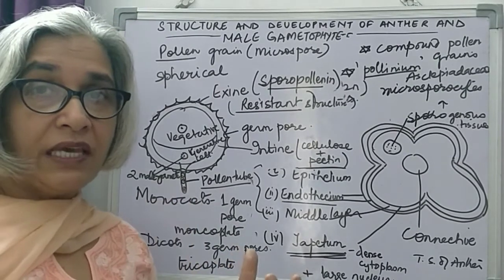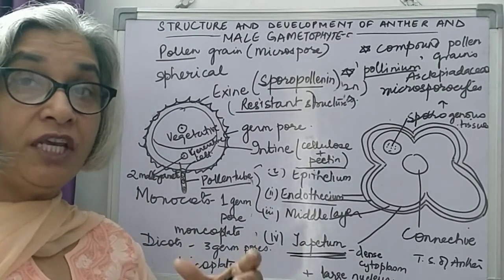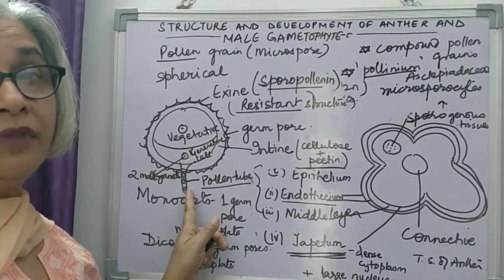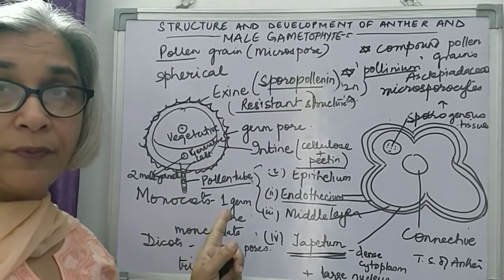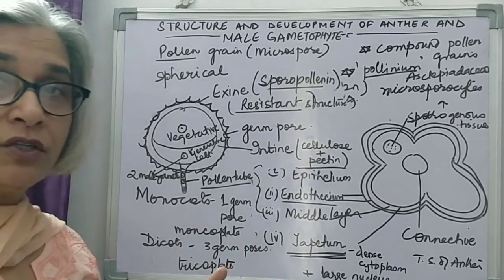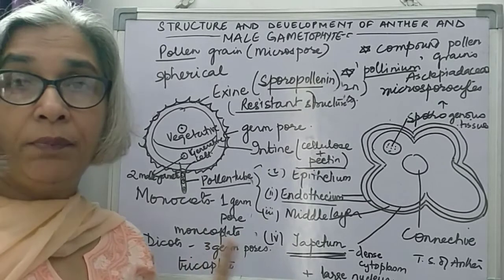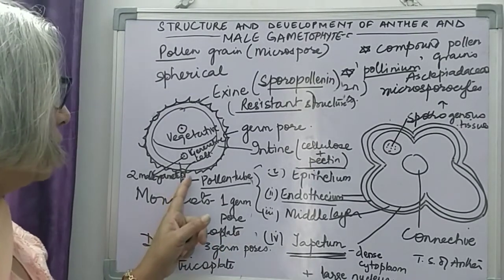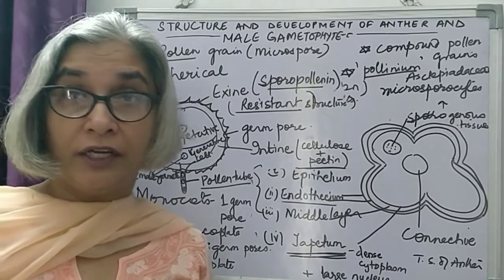They swell in size and they germinate. Germination means emergence of the pollen tube from the intine through the germ pore, and this pollen tube will carry the 2 male gametes, which will later help in bringing about fertilization. So this is the structure of the pollen grain.